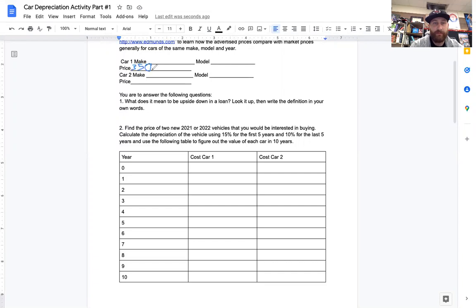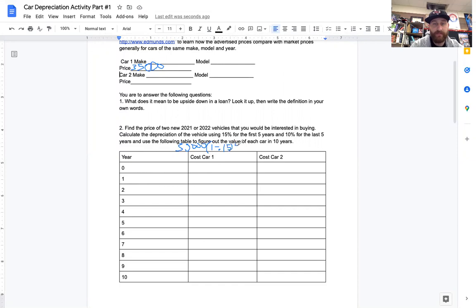So your first equation for the first 5 years would be 35,000 times parentheses, since it's depreciation, we're subtracting, so 1 minus 0.15, and that would be to the t.